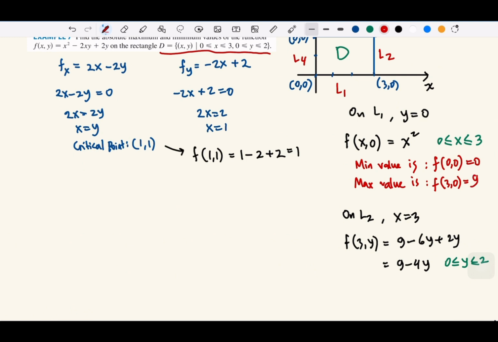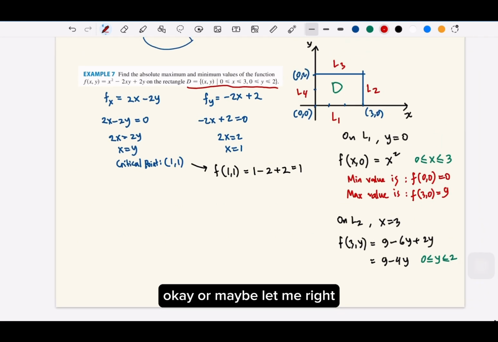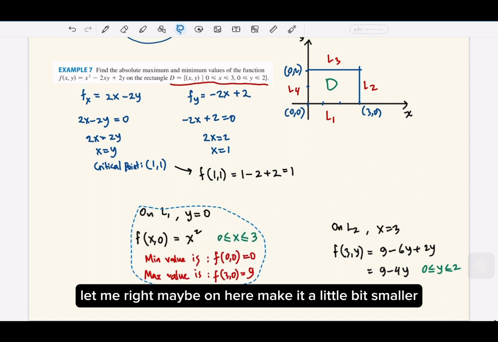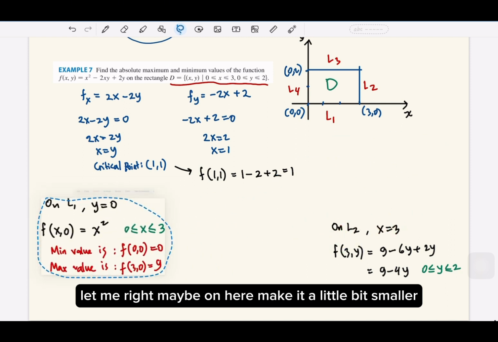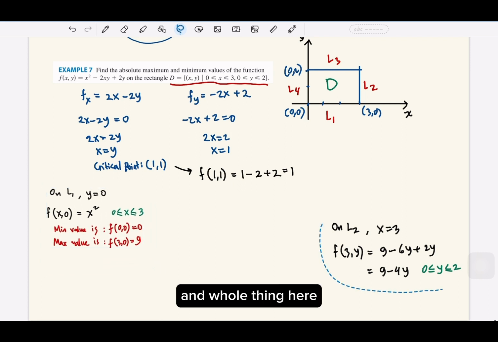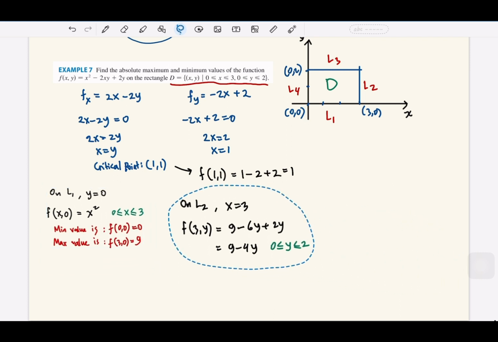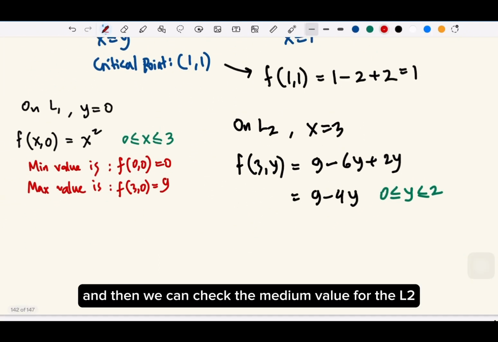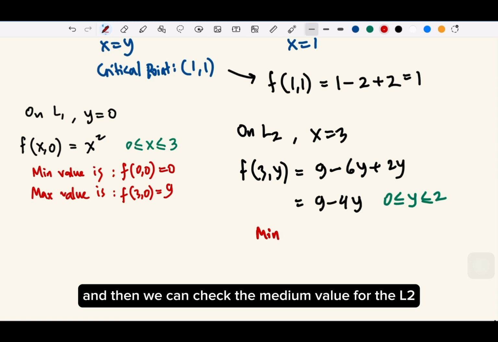Okay. Let me write here, make it a little bit smaller, and move here, and then we can check the minimum value for L2.